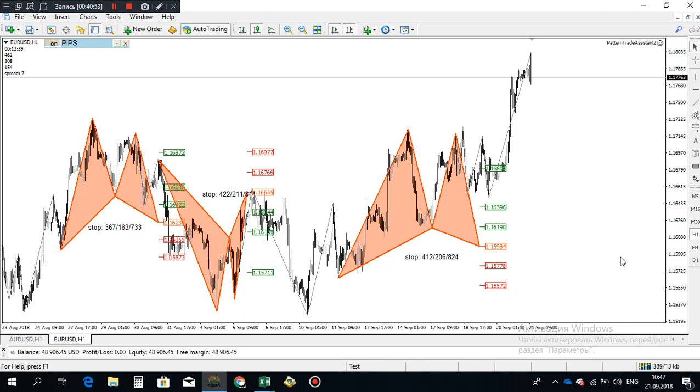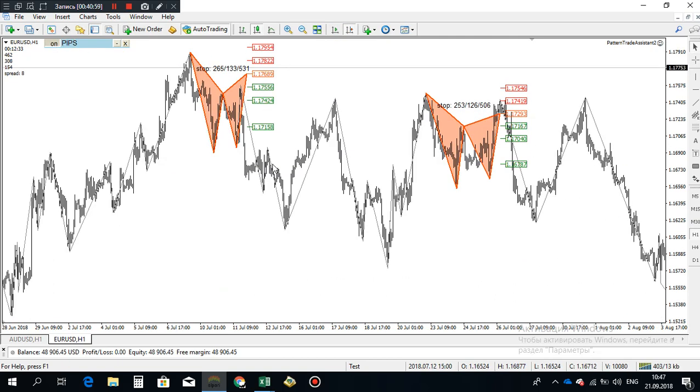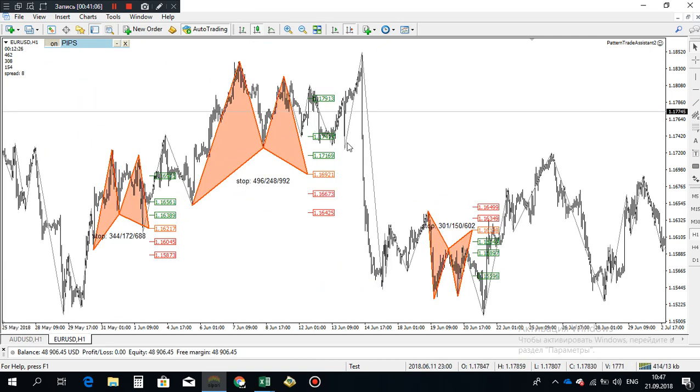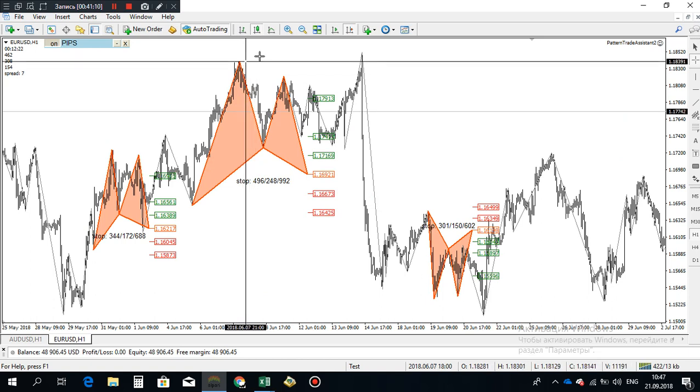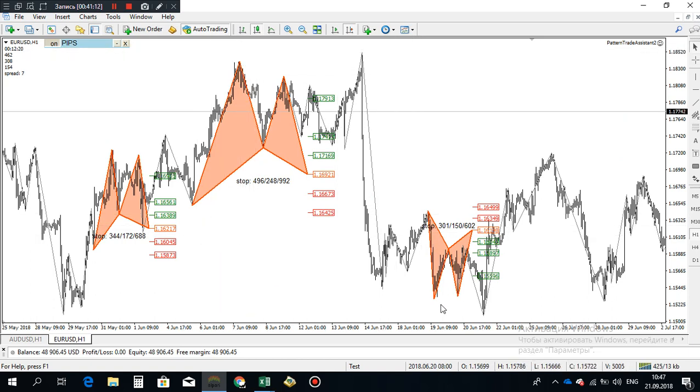Of course, there is a bit of discretion. Let me show you something like this. This is an invalidated pattern, it didn't trigger. You see, price went to violate the initial level. The pattern is an M-type pattern, and when we have this kind of price action, it is simply an invalidated pattern, and the software doesn't care if the pattern was later invalidated.